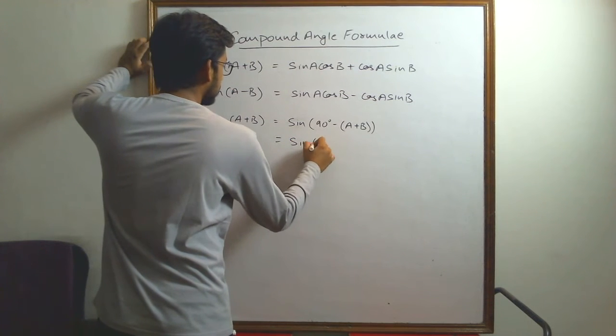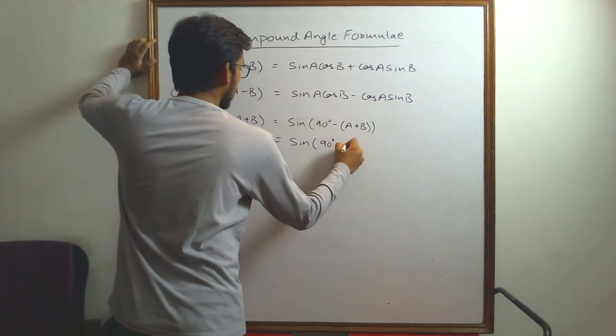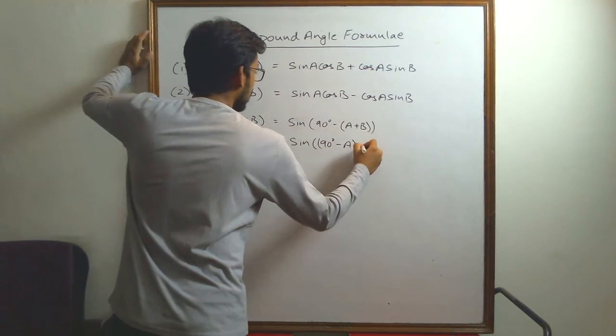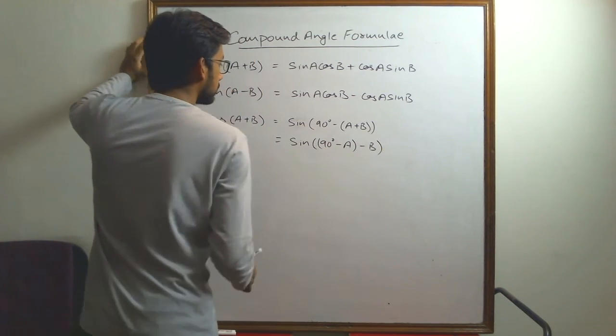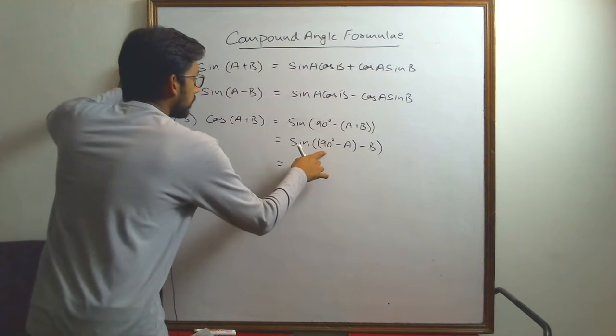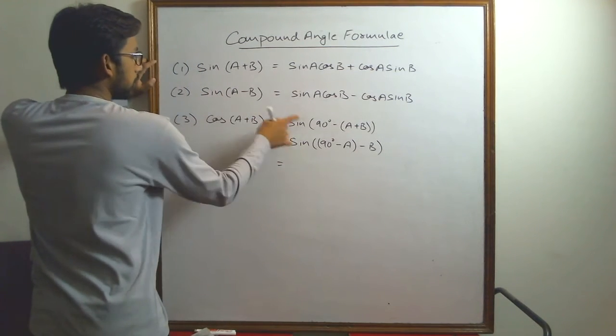Write this as sine 90 minus A minus B, and we group 90 minus A. Now apply the formula of sine A minus B here.